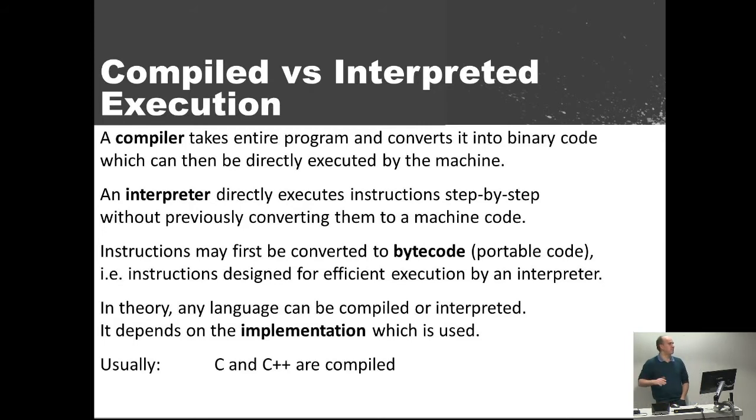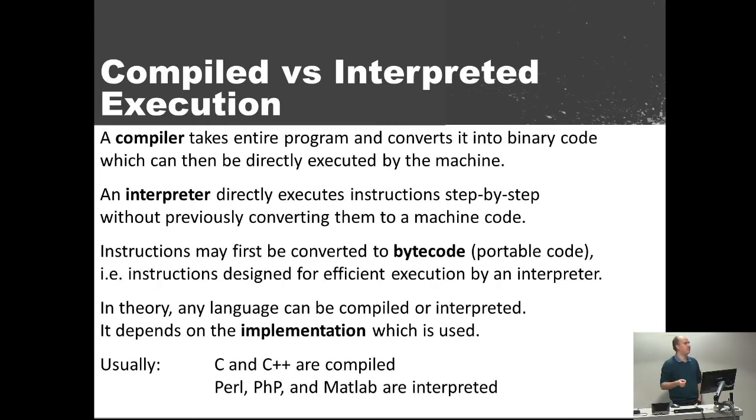So usually, C and C++ are compiled, and they are seen as very performant languages because the processing is very fast. Other languages like Perl, PHP, and MATLAB are usually interpreted. Again, I say usually because, for example, you can get a compiled version of MATLAB or of PHP, but it's not the traditional way of using it.